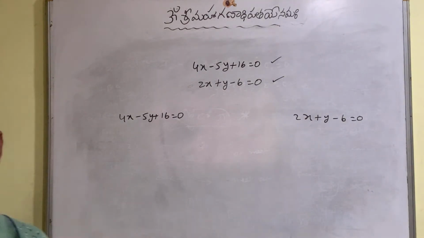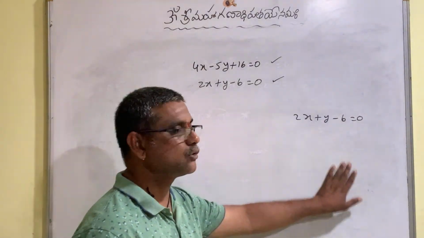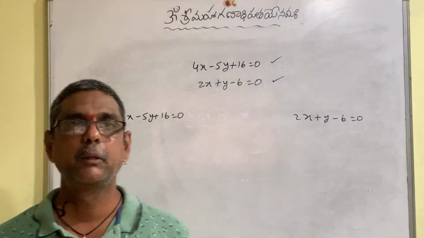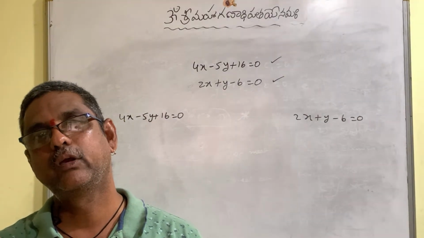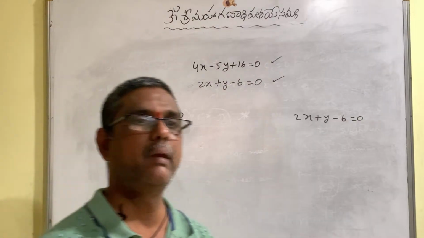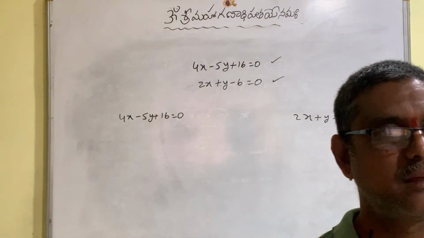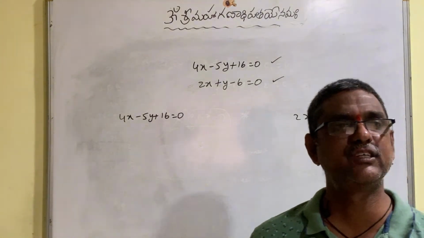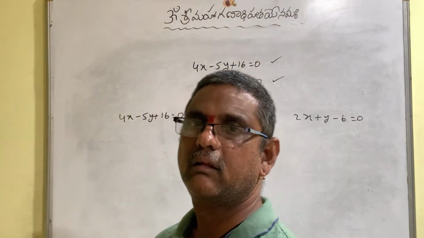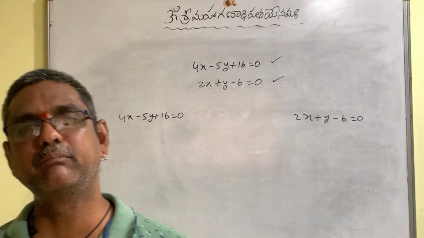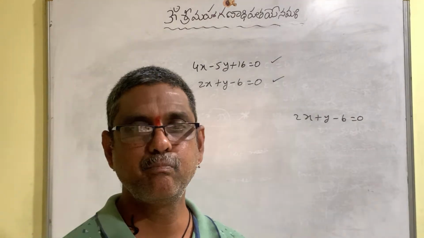How many solutions for this and how many solutions for this? Minimum 2, maximum your wish. But it is good to find either 3 or 4. Let it be minimum 3, maximum your wish.